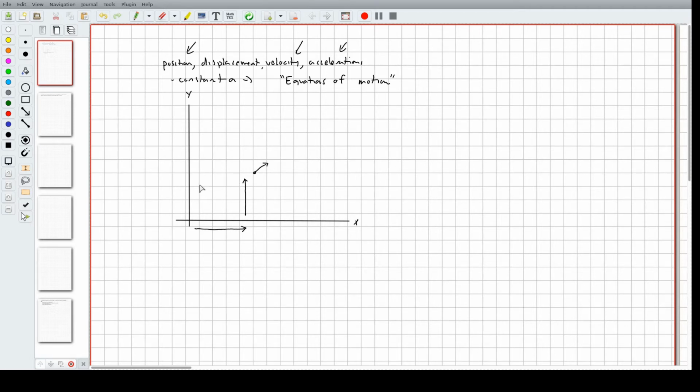Now, what's the same between them, though, is the fact that the passage of time in the x direction and the passage of time in the y direction and potentially the passage of time in the z direction, they're all the same. So you end up working with a series of what are called coupled equations.